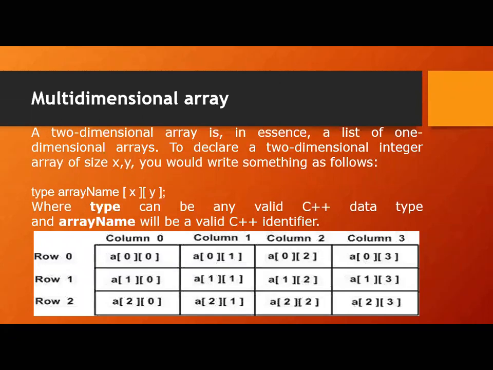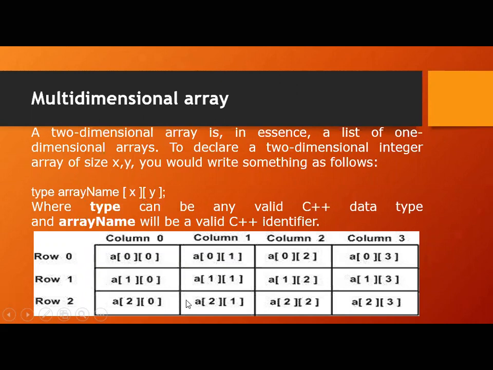In C++, as stated earlier, the array may be multidimensional, and this type of array has rows and columns. So in declaring the array, we have to specify the array name, the array type, the amount of rows, and the amount of columns.